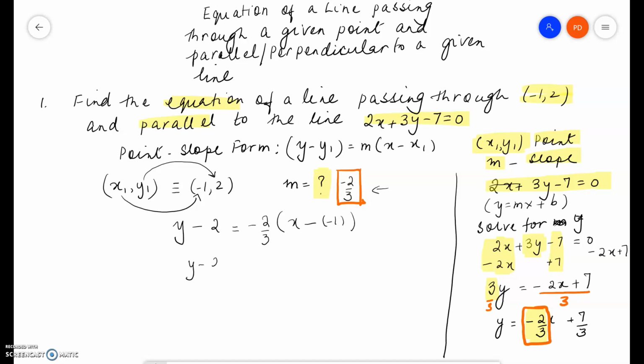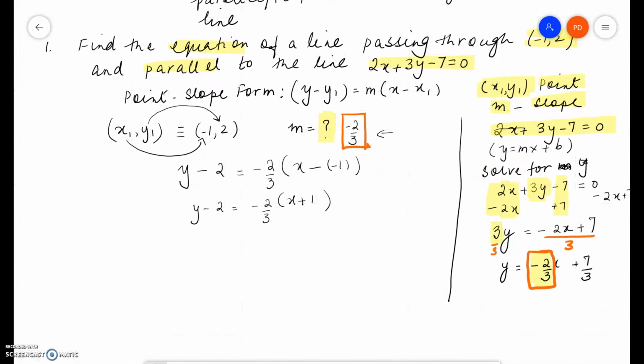So y minus 2 equals negative 2/3 x plus 1. This is the equation of the line that passes through -1, 2 and is parallel to the given line 2x plus 3y minus 7 equals 0.